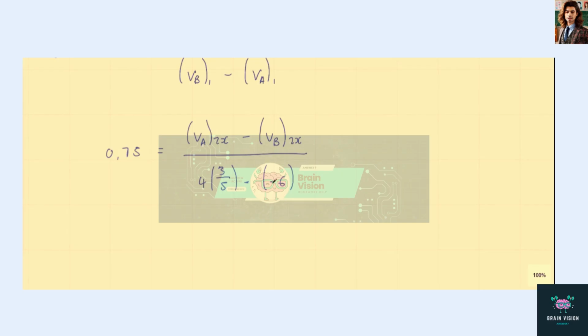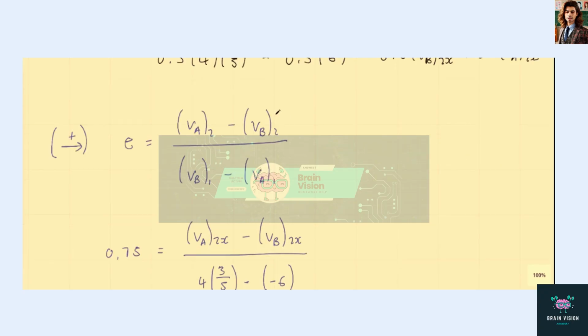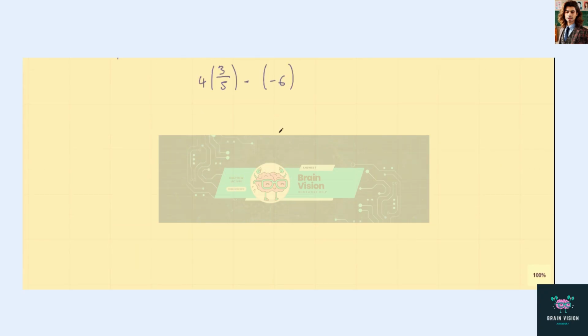Since disk A is moving to the left, its velocity is negative. So now we have two equations, from our conservation of momentum and our coefficient of restitution, with two unknowns.